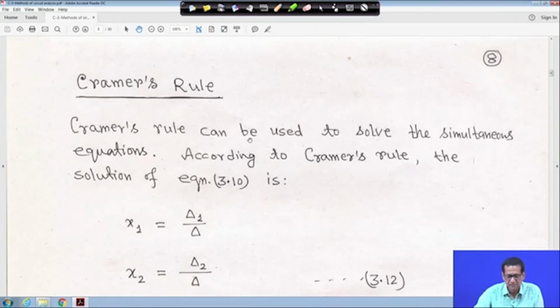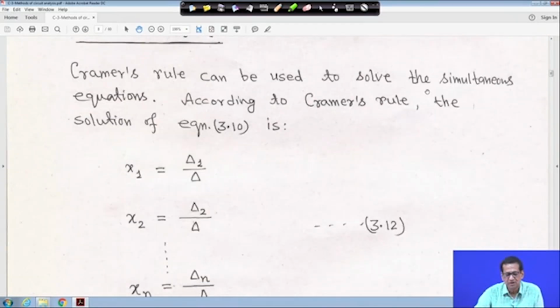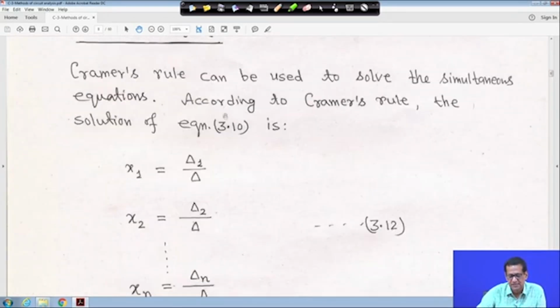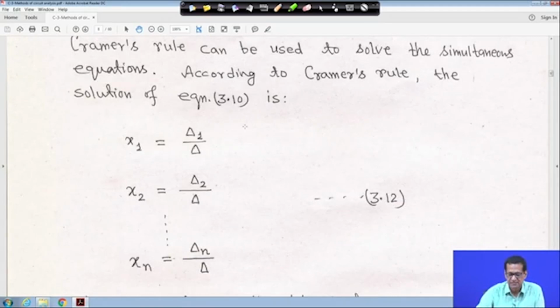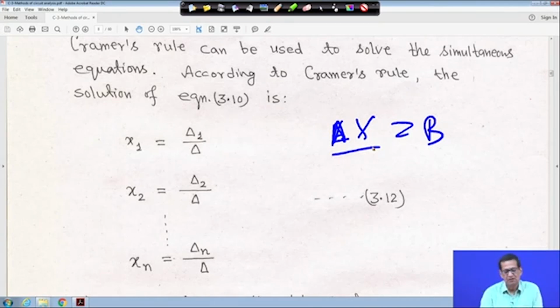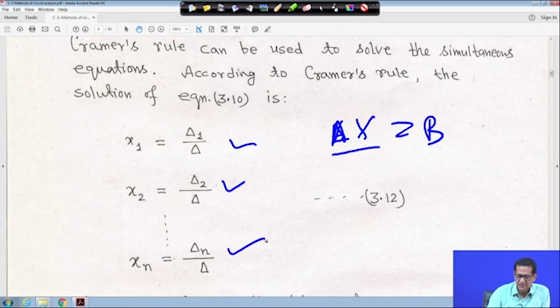Cramer's rule can be used to solve simultaneous equations. According to Cramer's rule, the solution of equation 3.10, that is Ax = b, is x1 = delta 1 by delta, x2 = delta 2 by delta, and up to xn = delta n by delta.